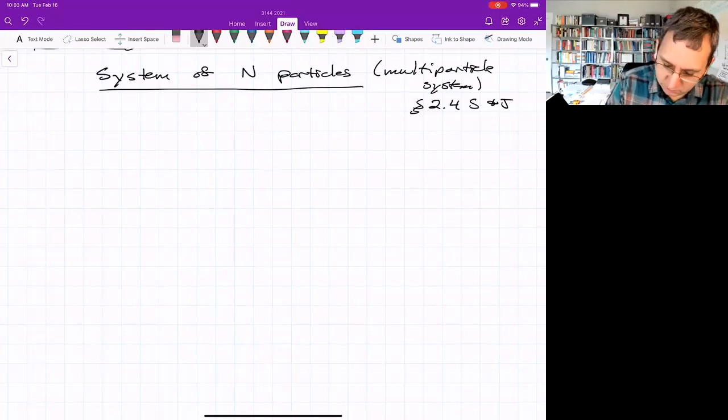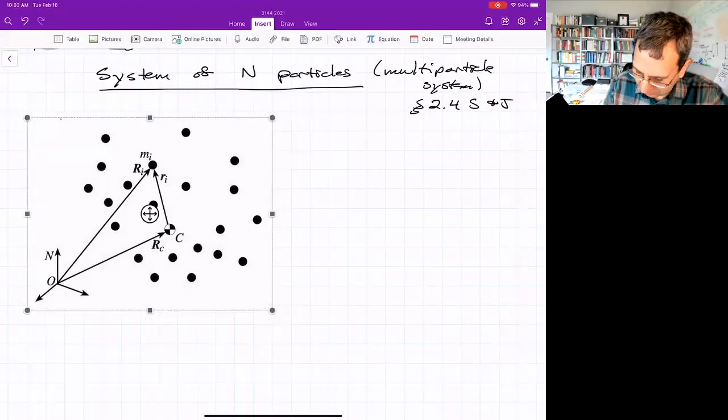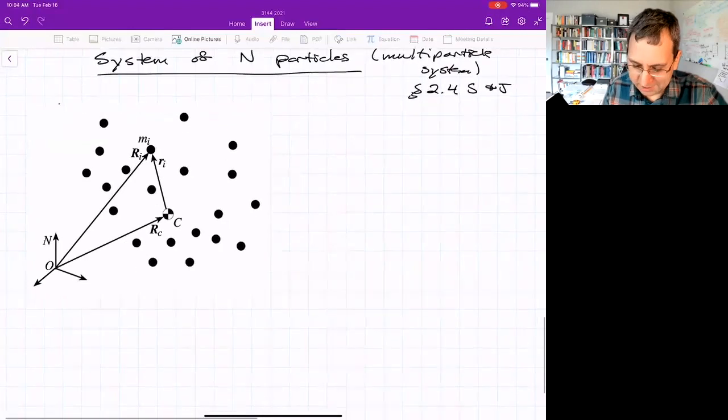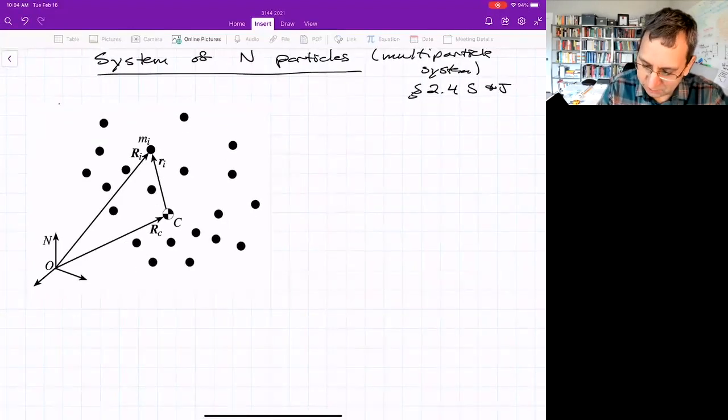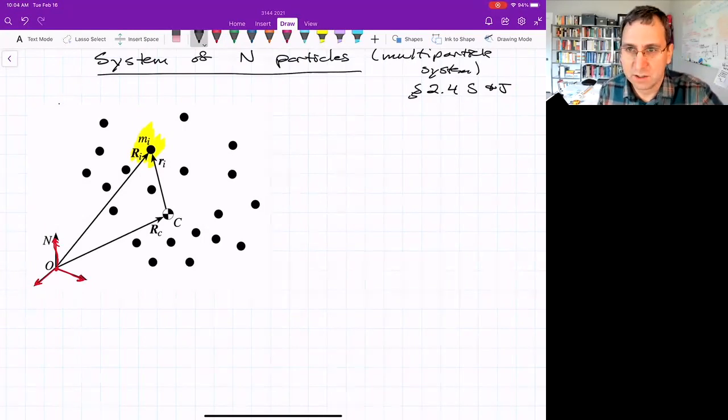In this situation, we have, and I will get an image up here. So this is showing a bunch of particles. All these black dots are particles, and their location with respect to an inertial frame. So here's our, I like writing those in red, our inertial frame, inertial origin. And we have a bunch of particles like this one, mi, and we will write their positions.